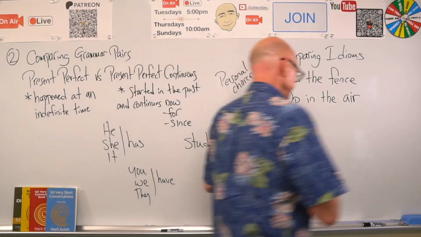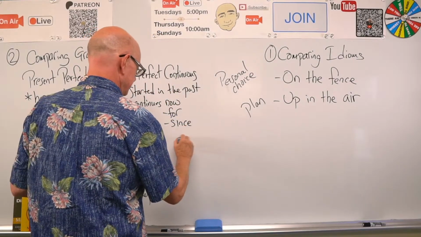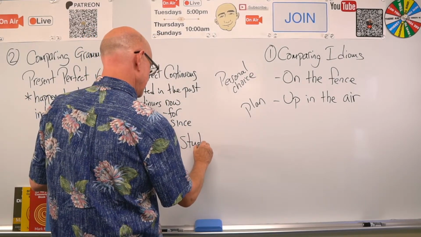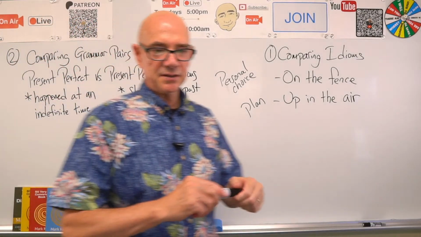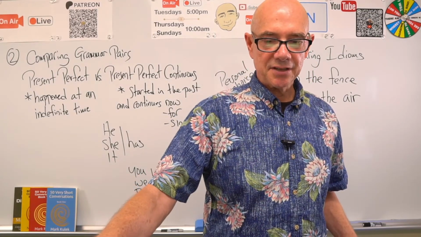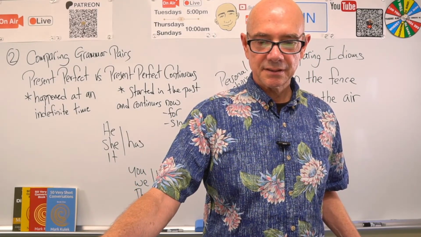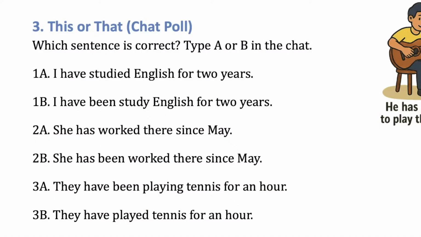Hold on. Yeah, that is ing. So we need the ing, studying. There's an error. Yeah, I saw that too. So the correct sentence is 1B, and it's studying. I have been studying English for 2 years. Sorry, I will fix that when we finish today.